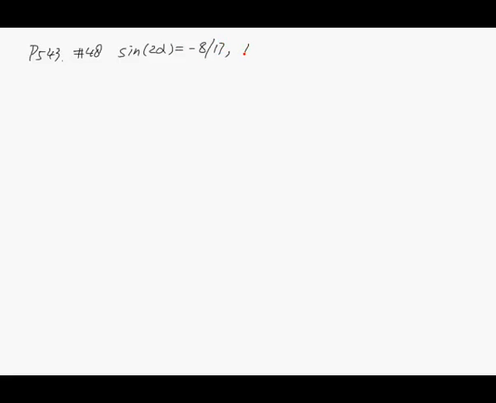And we also know 2 alpha is greater than 180 degrees and less than 270 degrees. So that means we have this 2 alpha in quadrant 3, right?